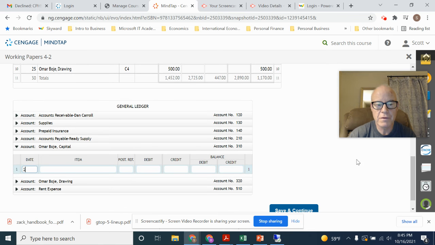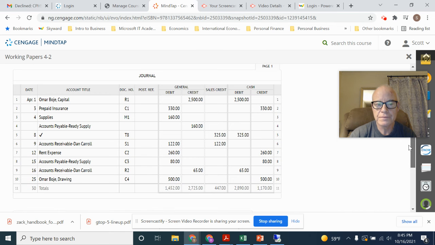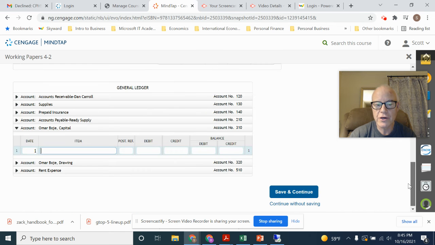On the 1st, and when it says item, I'm not exactly sure what it's talking about. Post reference is going to be 1. $2,500 is going to be my credit, and my new balance is going to be $2,500.